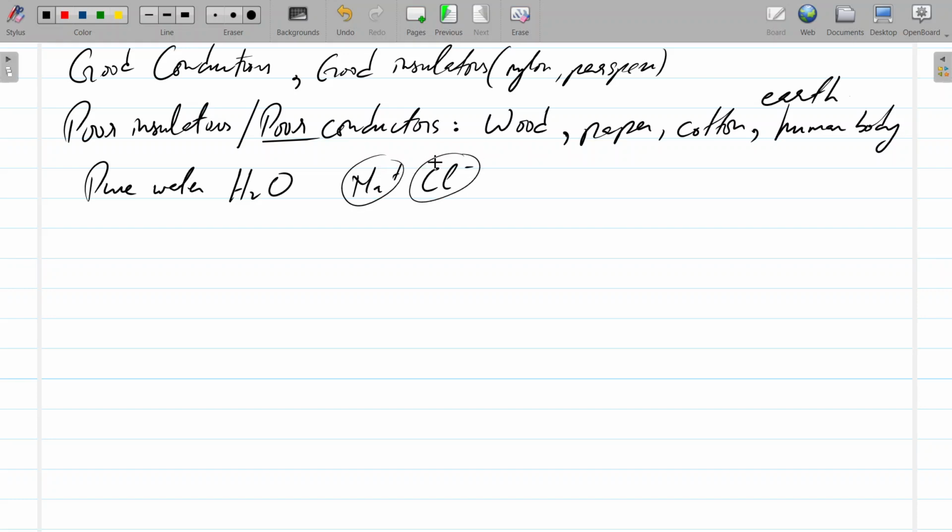And when you've got these, water will conduct. So salt water is a very good conductor of electricity. Even tap water will conduct because you've got lots of stuff mixed in there. Because of that, if you have water on something like glass, glass itself is not a conductor, but if there's water on the glass, it will conduct electricity. What's actually conducting the electricity is the water, not the glass itself.